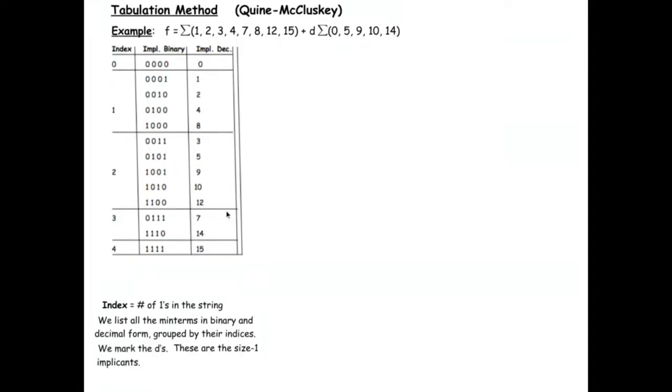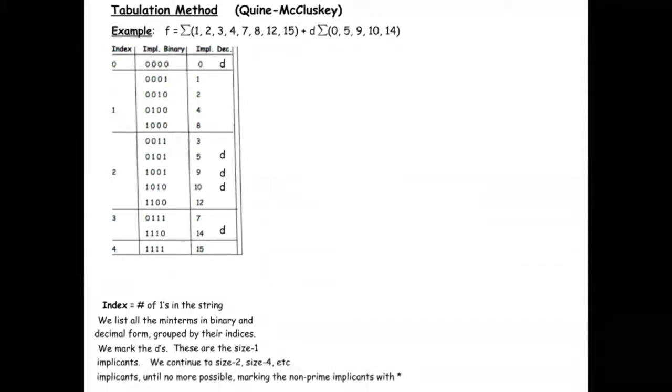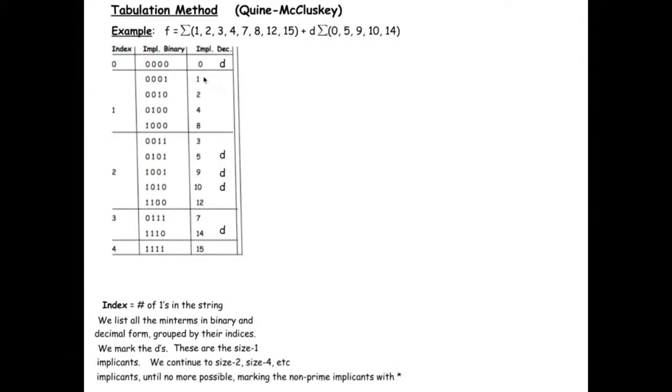Now we want to distinguish the minterms for 1s and the minterms for Ds. So we'll mark the minterms for Ds with a little letter D: 0, 5, 9, 10, and 14.